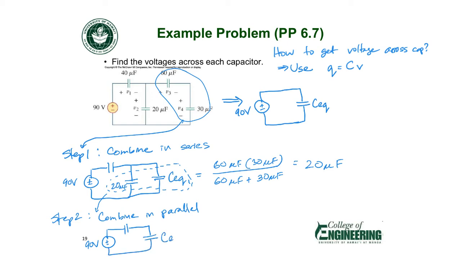So this is going to be CEQ2. What's the value of that going to be? 40 microfarads. So it's 20 microfarads plus 20 microfarads, so 40 microfarads.